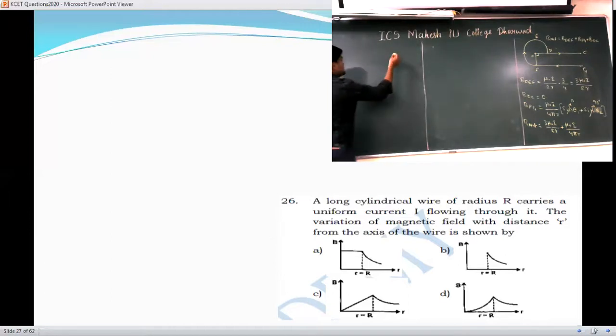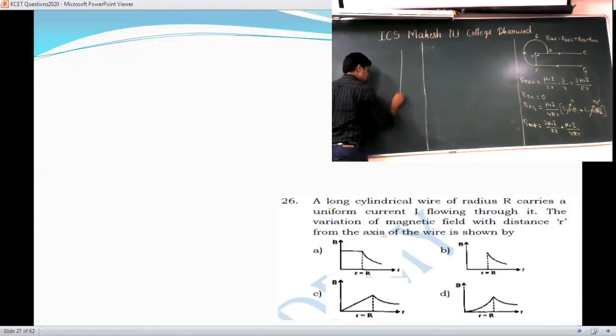Suppose you have one wire here which is a charged one, and if you take the Gaussian surface of that, this is the Gaussian surface I will take. Now what is the radius they have given?